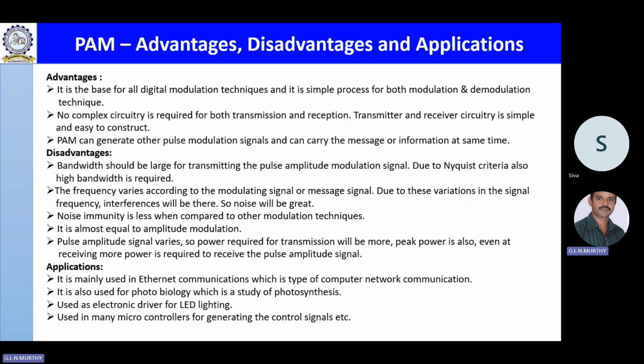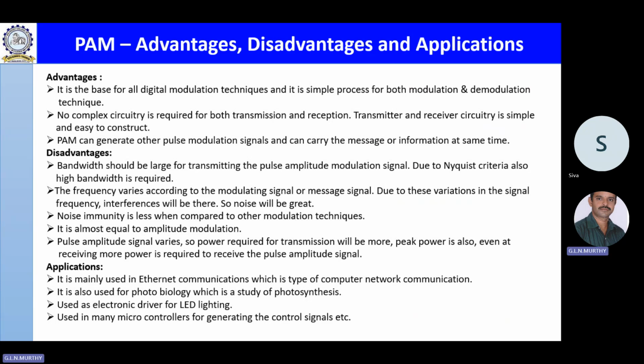The primary drawback is that pulse amplitude modulation requires synchronization pulses. For effective demodulation at the receiver side, we have to send synchronization pulses from the transmission side. That's a drawback. Second drawback, the power is not constant. As the power is varying, the transmitter must be able to handle the varying powers.